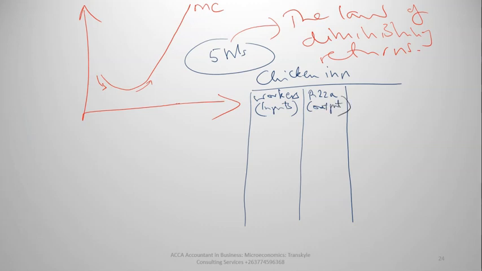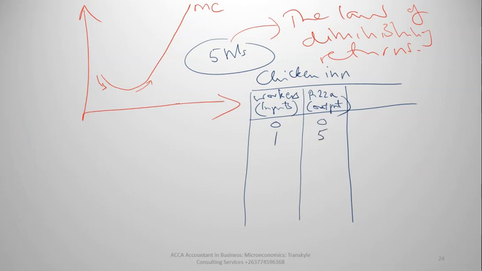Okay, so we have got the number of employees which Chicken Inn could employ. Let's say it employs 0. So obviously the amount of pizza which could be produced would be 0. What about when it employs 1 worker? The number of pizza which could be produced is 5.